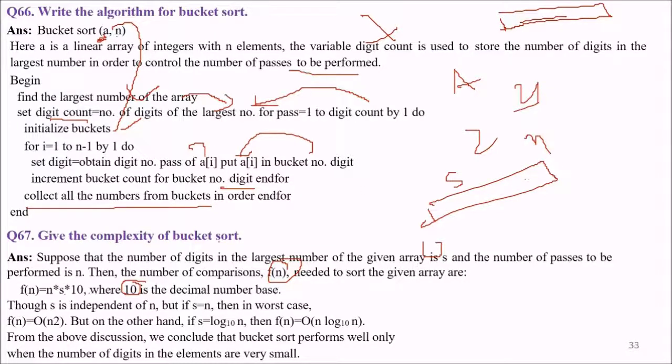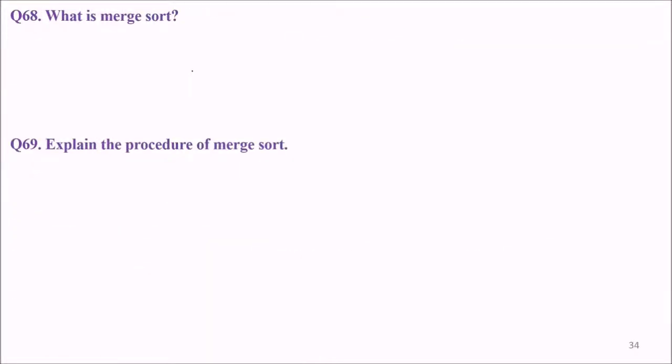So this will be f(n) equal to n into s into 10, where s is independent of 10. But if s equals n, somehow the worst case will happen, so it will be order of n square. But since s is equal to log base 10 of n, if sometimes it happens, then the function will go down to n log n, but the base will be 10. So we conclude that bucket sort performs well only when the number of digits in the elements is very small. That does not happen always.